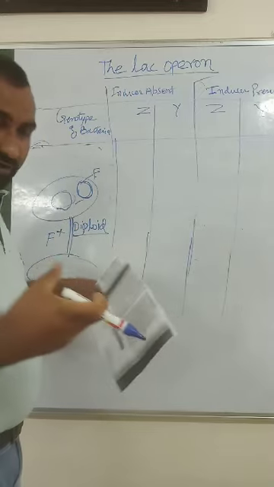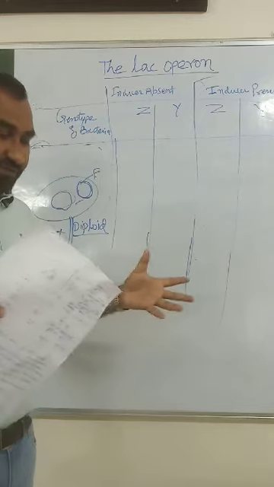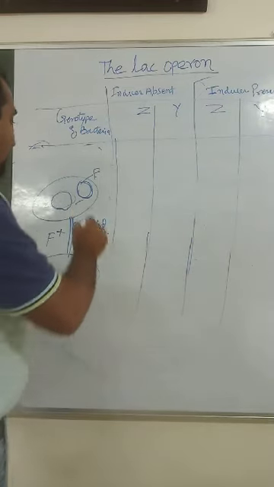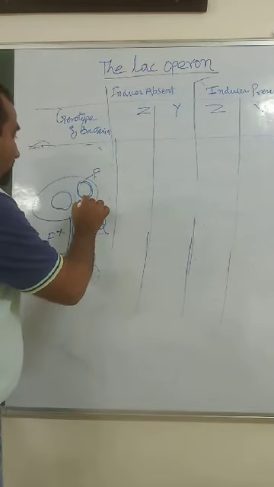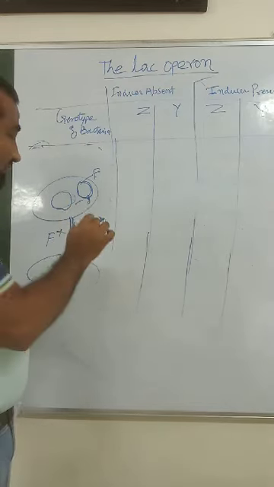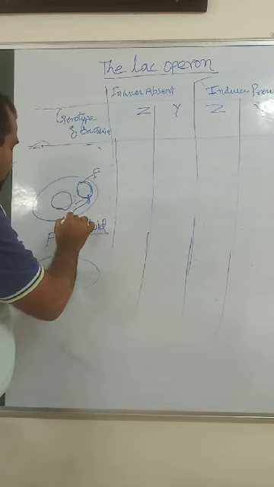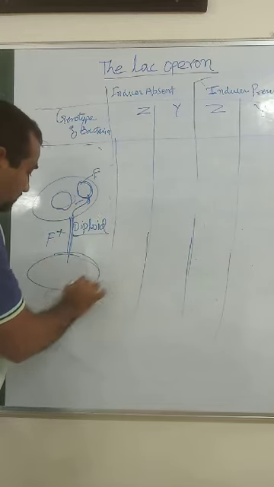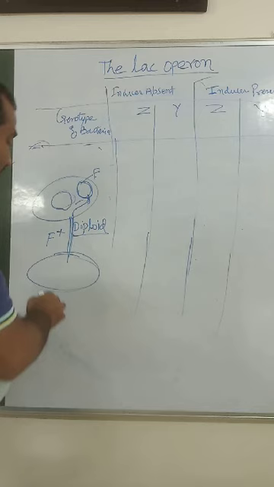And this bacteria, whenever it undergoes conjugation, when a conjugation tube formation takes place between two bacterial cells, there is the transfer of one copy of this plasmid DNA through this conjugation tube to the recipient bacteria.